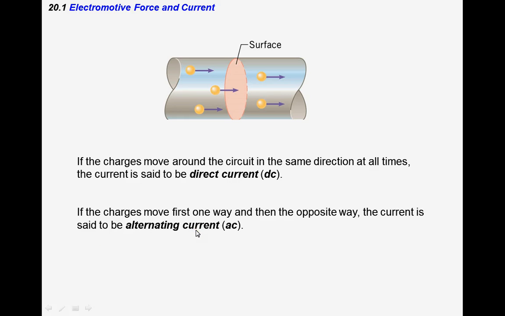Versus when I plug something into the wall, that is alternating current. What happens with alternating current is that the voltage changes from being a positive value to a negative value. And as the voltage travels up and down, the electrons that move in the circuit follow that.